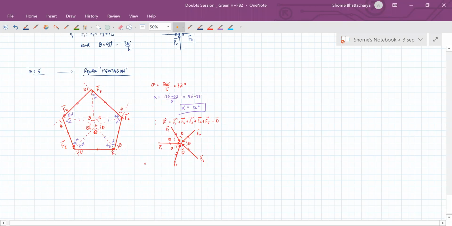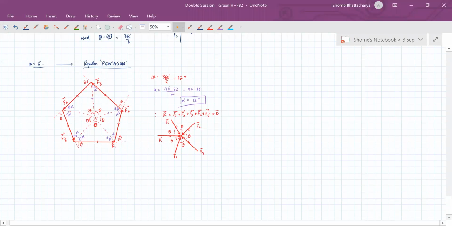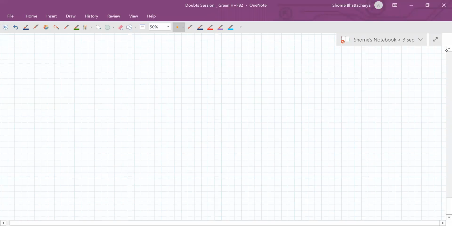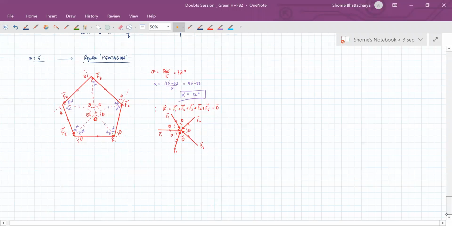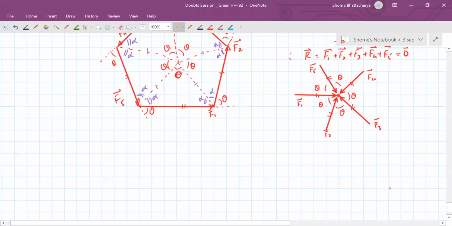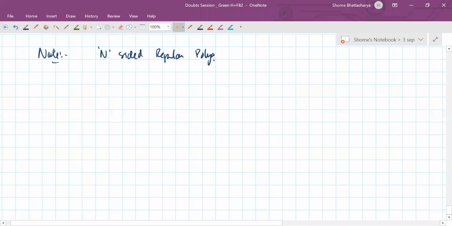Okay, so if we just generalize this to n-sided polygon, so here it is applying to a regular pentagon, but if we generalize this result to a regular n-sided polygon, since we are taking a general value of n, we can't really draw the polygon, but we can draw part of it.